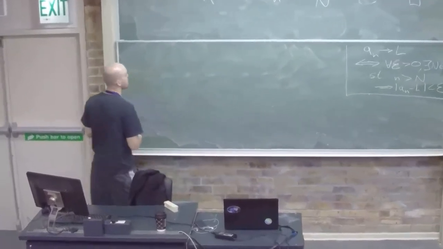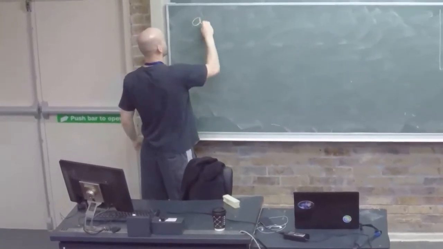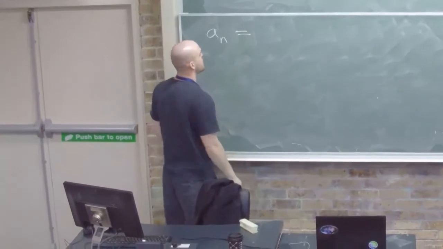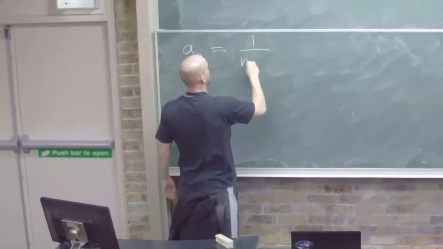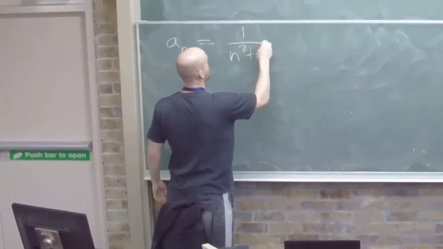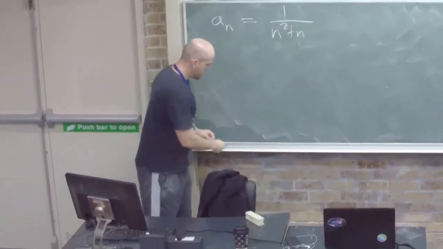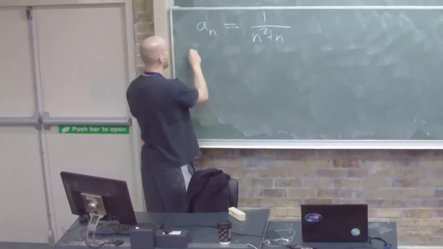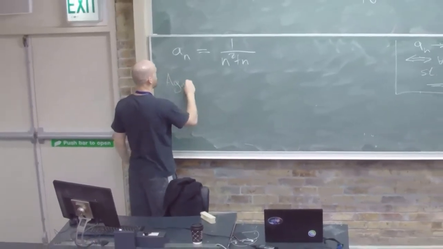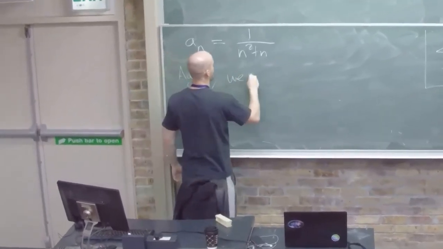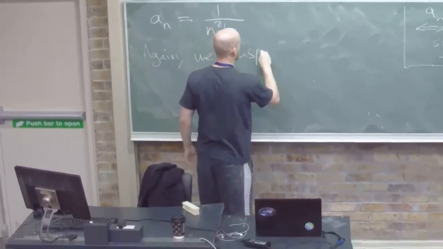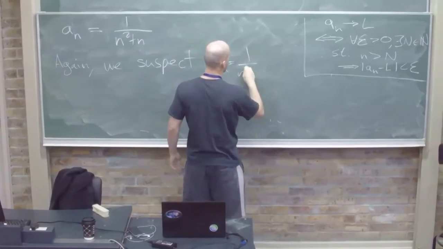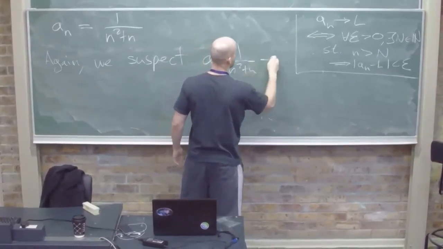So the next one we're going to do is just this: a_n is 1 over n squared plus n. And again, we suspect a_n equals 1 over n squared plus n goes to 0.